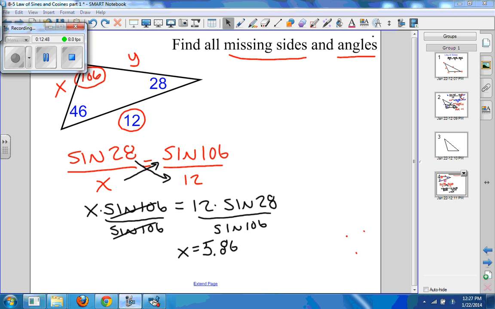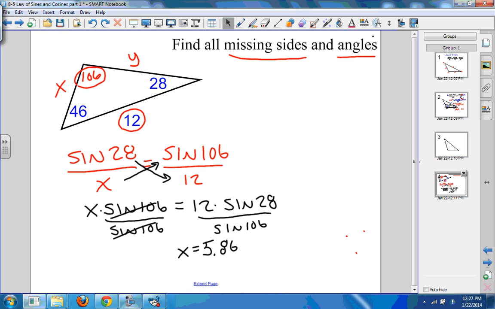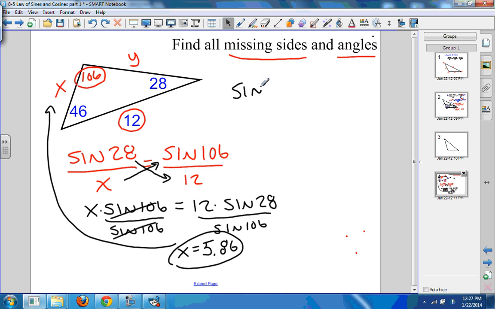Alright, so to solve for our last side, we can do the same thing. Here's my x. So to solve for my y, we can go ahead and use the sine of 106 over 12 again, but make it equal to the side with y on it. So the sine of 46 over y.